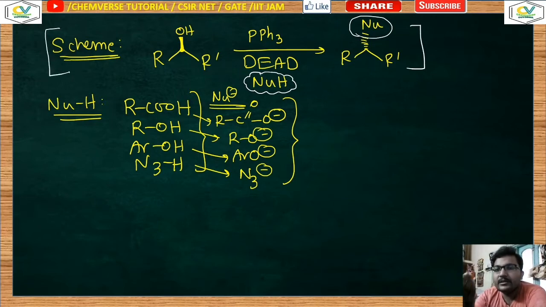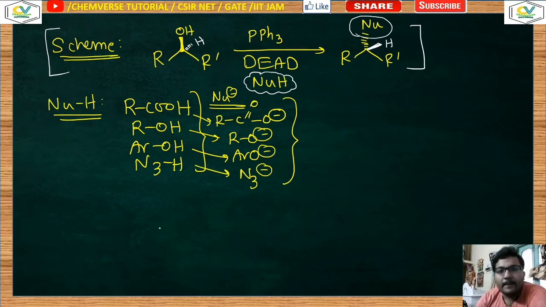This is the main important part of this reaction, that the stereocenter is inverted. In the first case, the hydrogen was in the below position and now the hydrogen is in the above position. So there is an inversion taking place, just like in an SN2 reaction. This is the main scheme of the reaction.